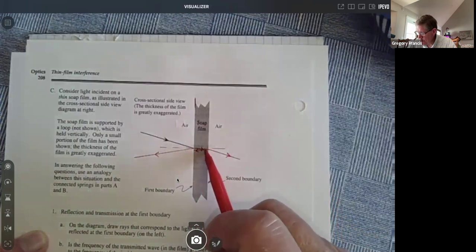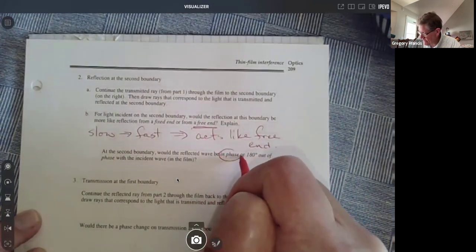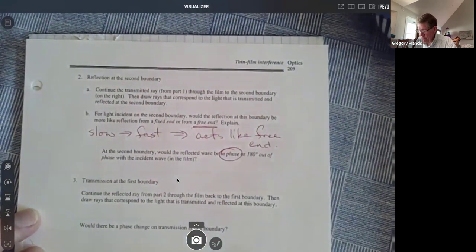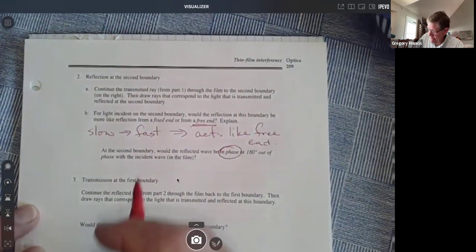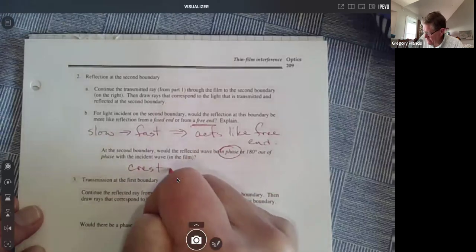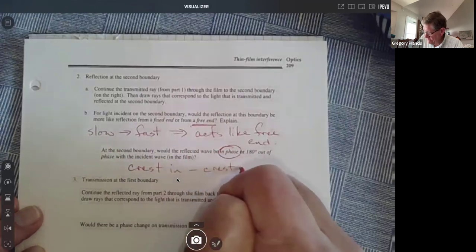We're talking about this reflection right here. And the answer is that it would be in phase. If it's acting like a free end, a crest goes in, a crest comes out. I'll just write that down. Crest in, crest out.